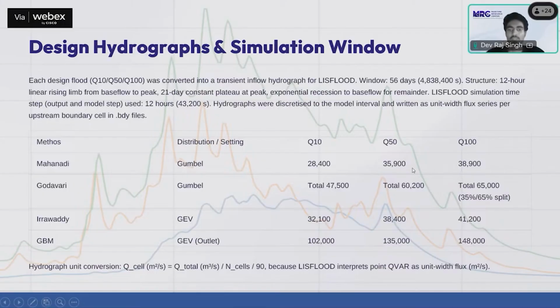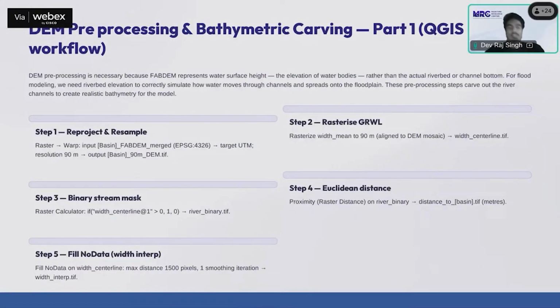So these are some of the initial flooding parameters that we started with. Right. As I said, we have downloaded a data set that gave us the river width. But the biggest problem that we face is that to design the river bathymetry, we need the depth of the river, which we don't have. There's no open data set available that can directly give us the depth of the river.